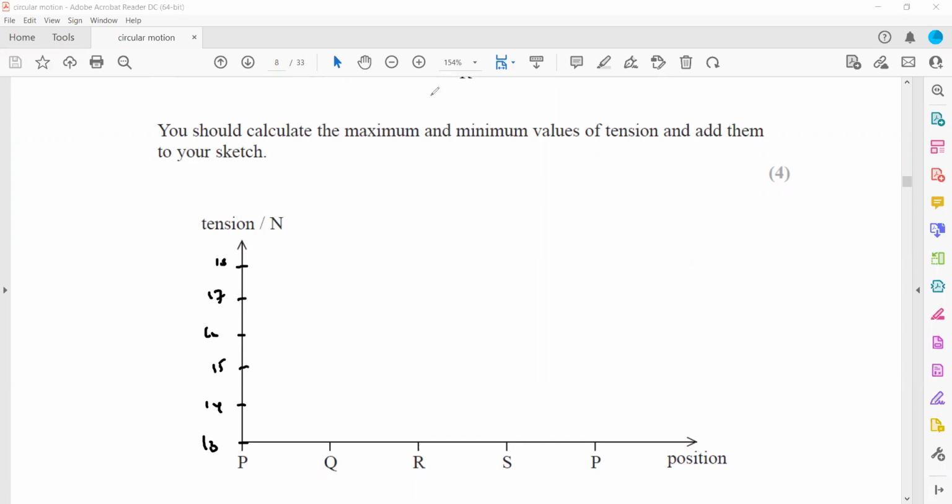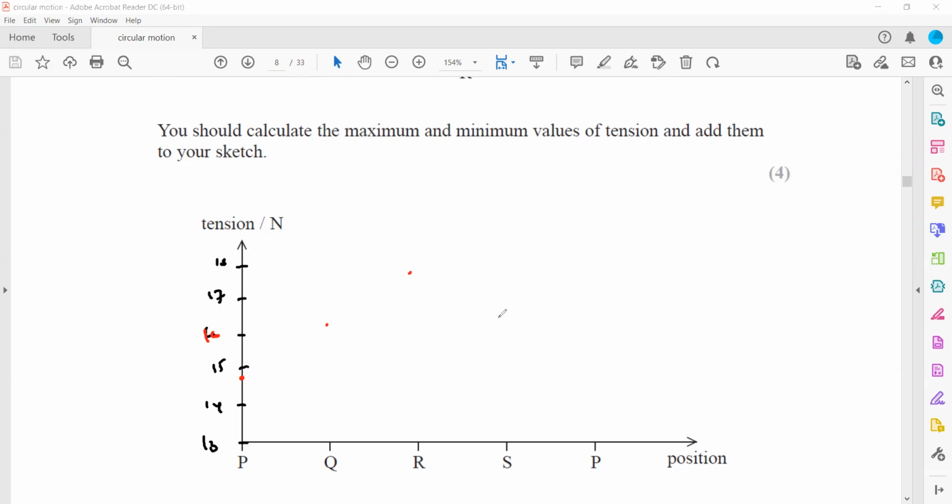At position P, we need about 14.8, so it will be somewhere here. At Q, we need 16.3, somewhere here. At R, we need the maximum, which is 17.7, so it will be here.